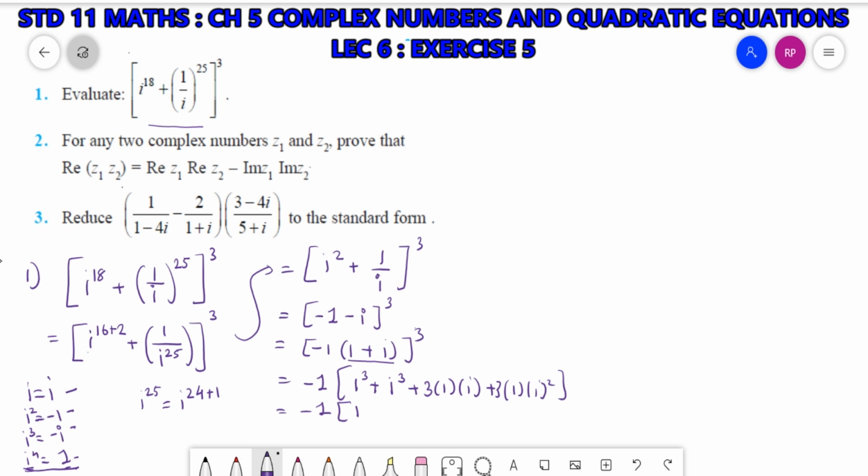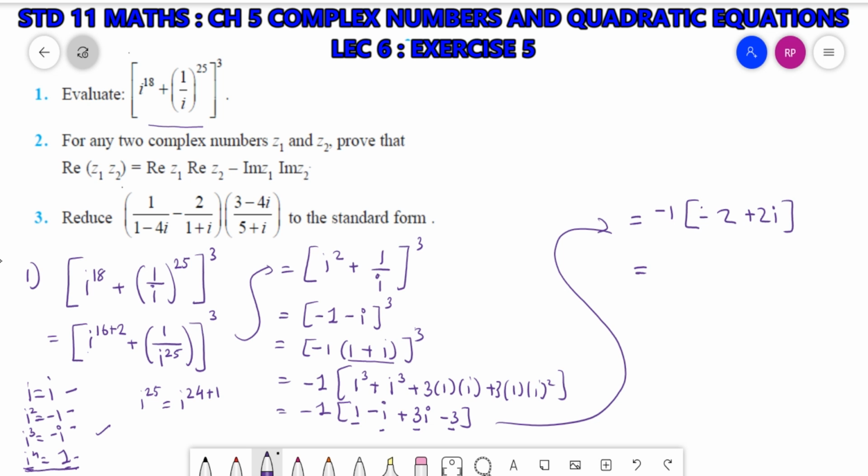1 cube is 1. i cube is minus i. So minus i plus 3 into 1 into i, 3i. Now 3 into 1 into i square. What is i square? Minus 1. So it will be minus 3. This will be equal to minus 1 into (1 minus 3), so it's minus 2, minus i plus 3i, so that will be plus 2i.